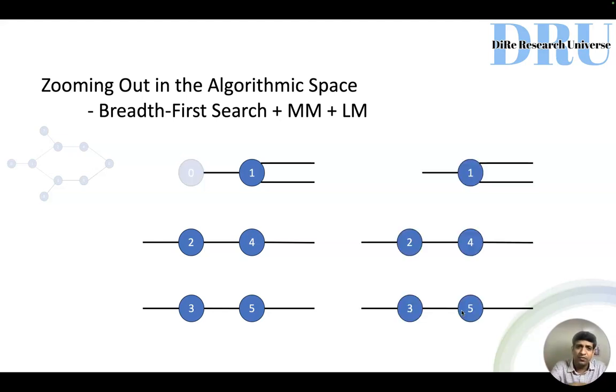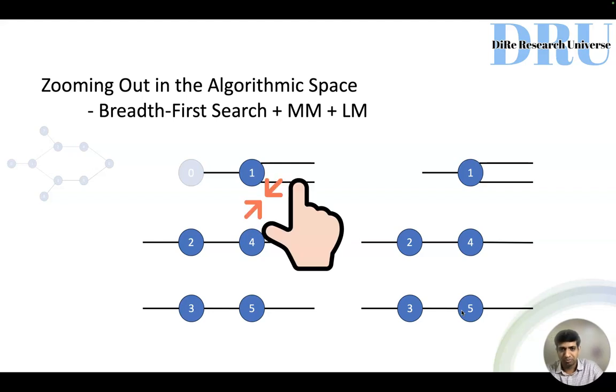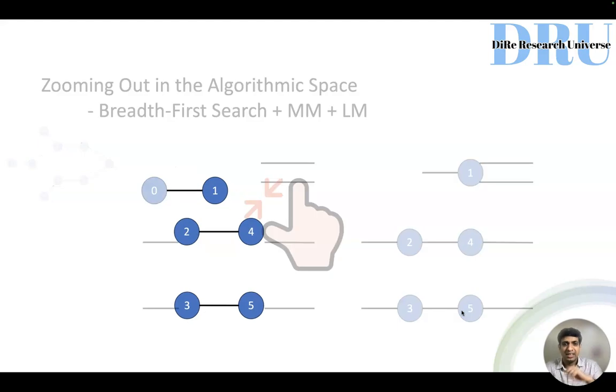So here we remove vertex 0, and this set of 5 vertices is still a vertex cover. But again, we shouldn't be happy with this, because this is still not the minimum size vertex cover. So what can we do? Yes, we zoom out further.